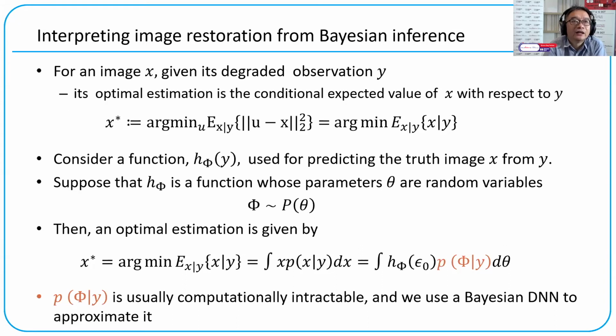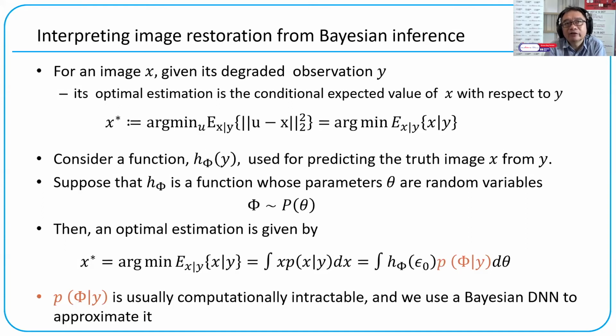Suppose I have an image, nothing else, which means I cannot get to the truth. What I have is a result which is most likely, or best among all the possibilities in the average sense. This is called conditional expected value in statistics.